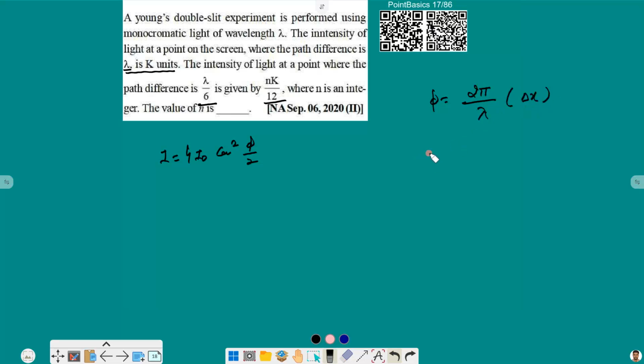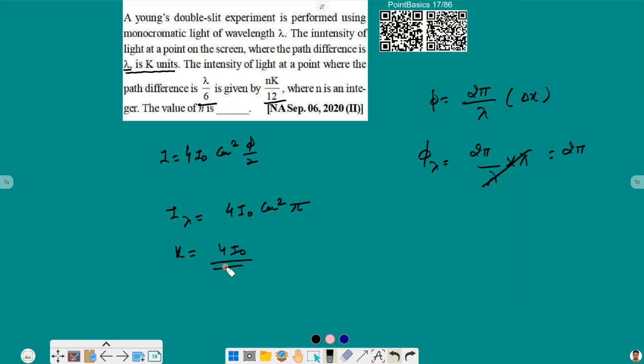So phi for lambda will be 2 pi by lambda into lambda, that is 2 pi, so I for lambda will be equal to 4 I naught cos square of pi. Now cos pi is minus 1, so this will be basically plus 1, and I lambda is equal to k, so from this k is equal to 4 I naught.